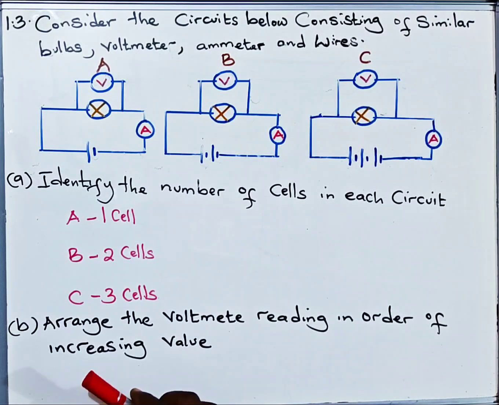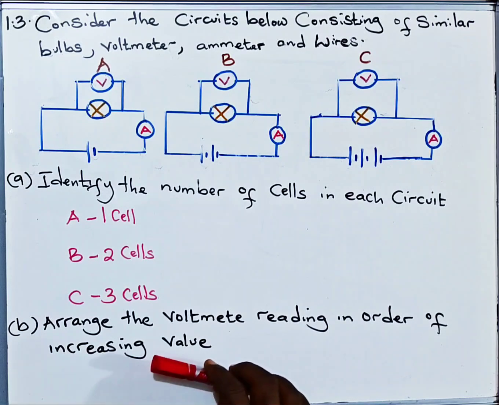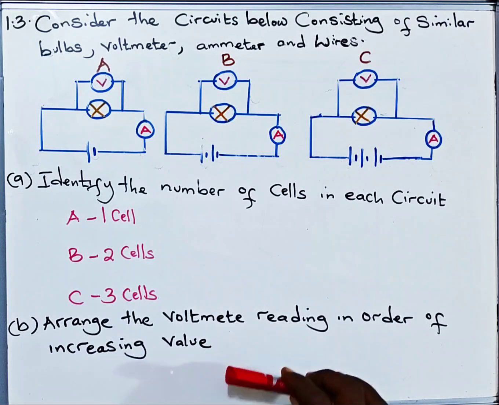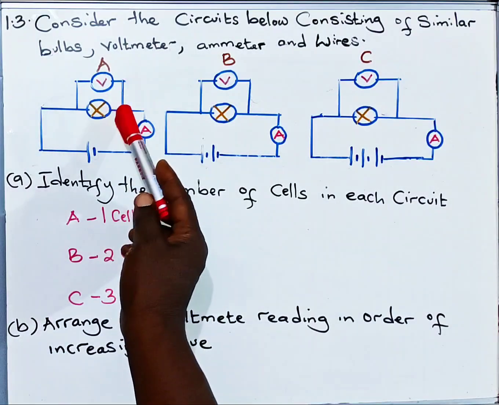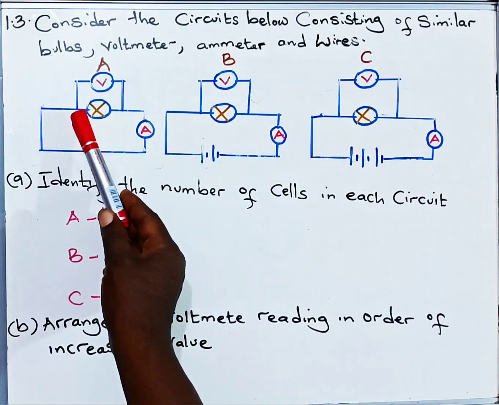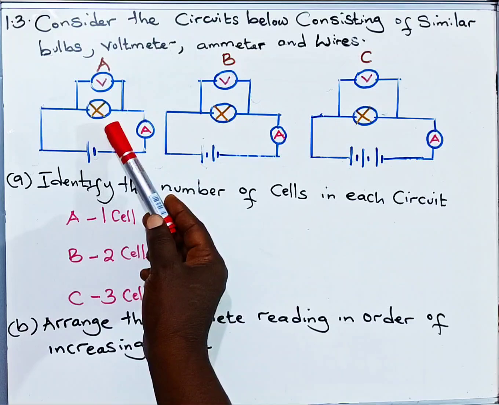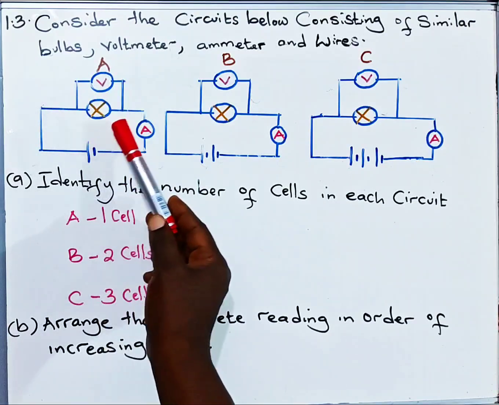Then we come to this question. It says, arrange the voltmeter reading in order of increasing value. This is the voltmeter reading, and it reads the potential difference or the voltage across the bulb.